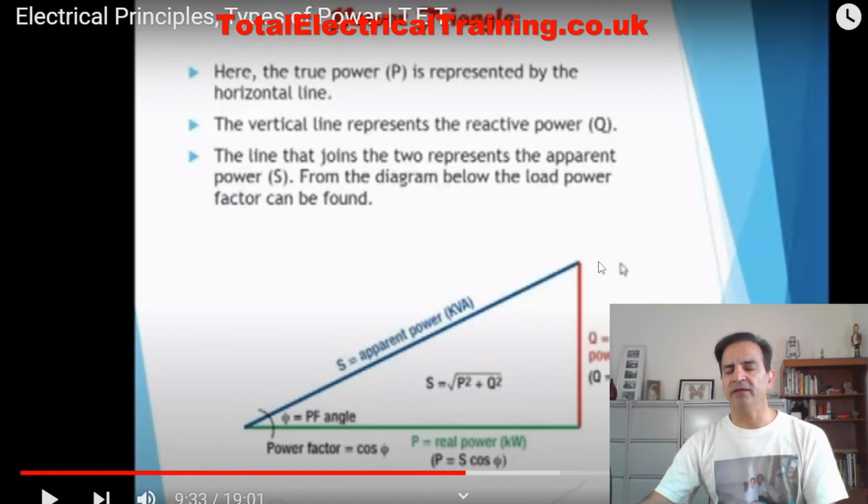You will still pay more than what you use, but instead of inductive, it would be capacitive reactive power. It's still a reactive power.